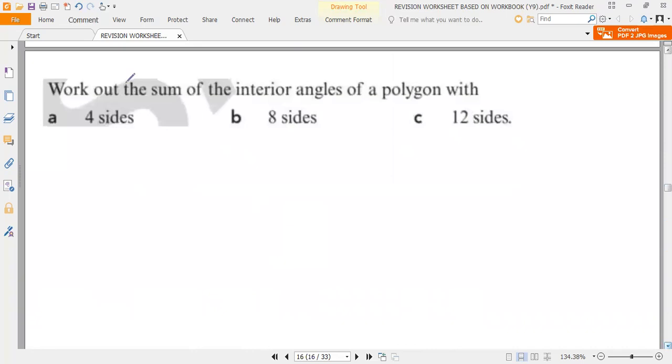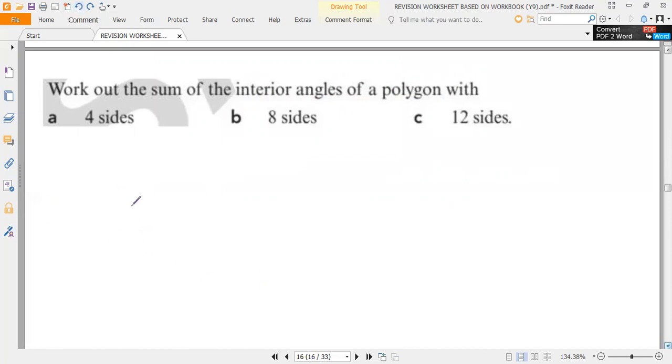Okay, moving on. Sum of the interior angles of a polygon. A different polygon has a different sum, or total, of the angles inside the polygon. Interior angle means the angle inside the polygon, remember that.